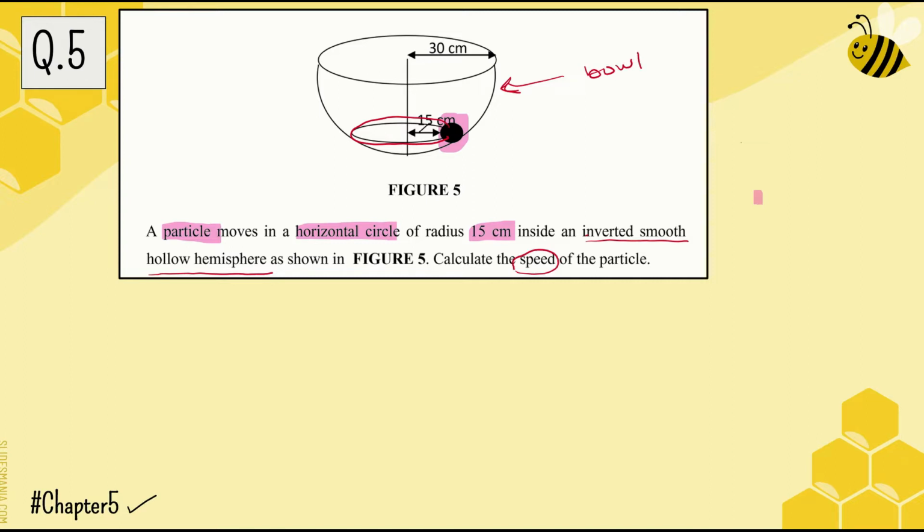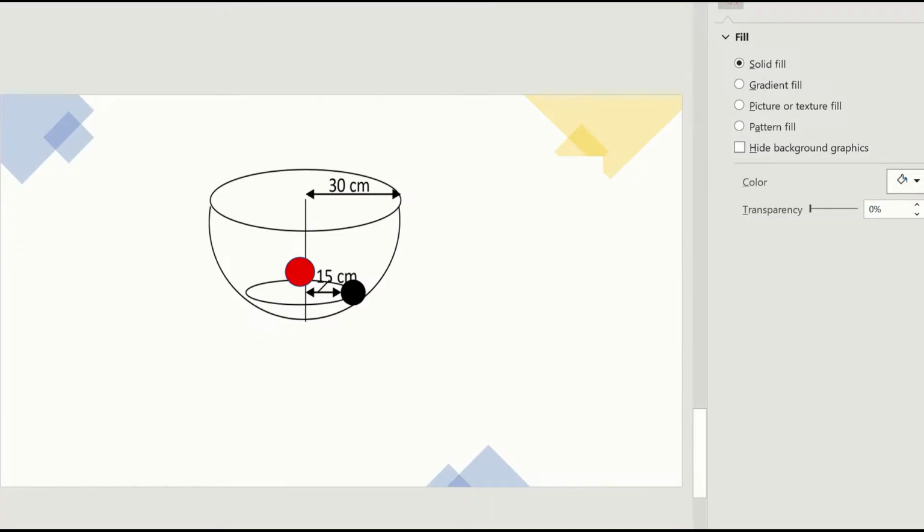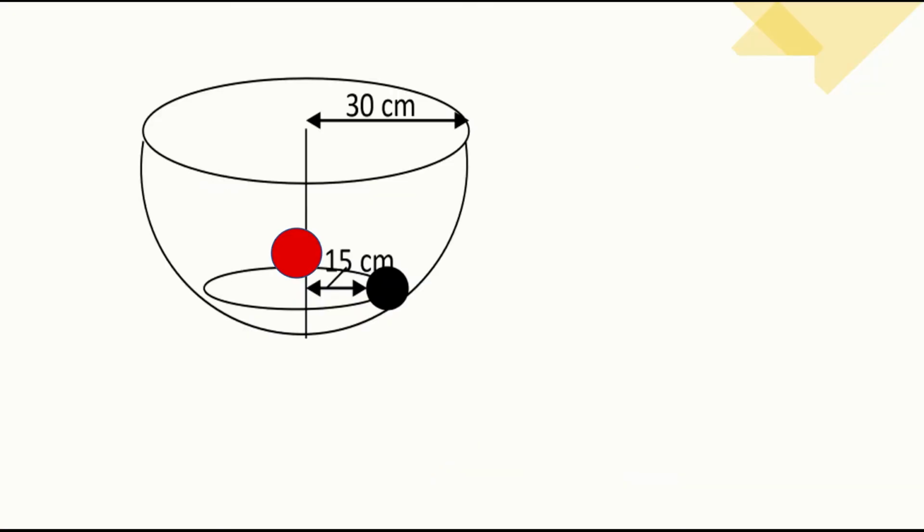Calculate the speed. We are given the radius, and we need to find the speed. You may look at this to get a clearer understanding of how the particle is moving. So this is the motion of the particle. It is moving in circular motion.